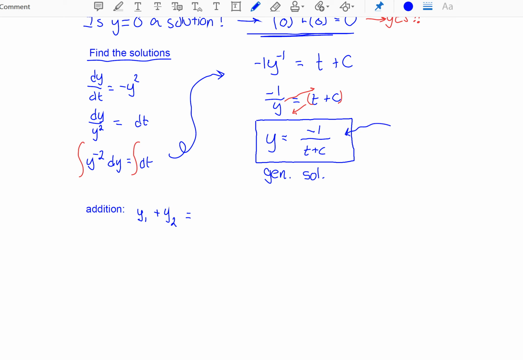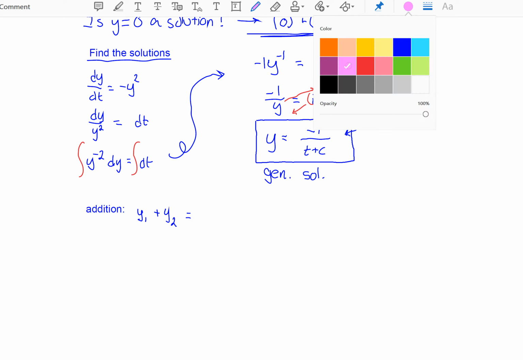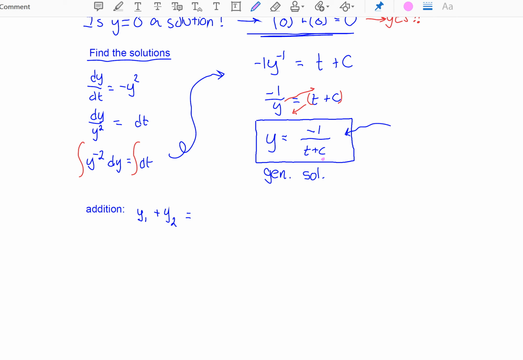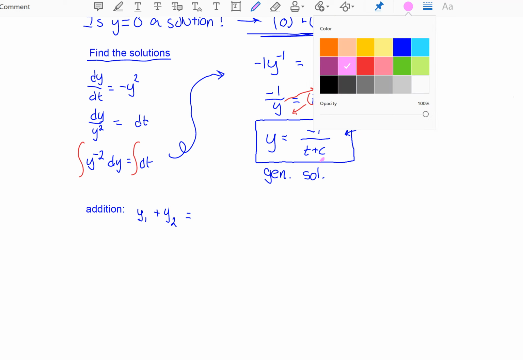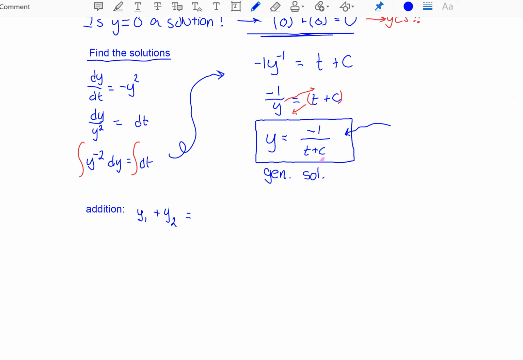Now remember, y1 and y2 are only going to differ by some constant that would depend on our initial value problem. That's how we found our c. So maybe y1 would look like -1 over t plus a first constant, c1. And y2 would look like -1 over t plus some other constant. Call it c2.